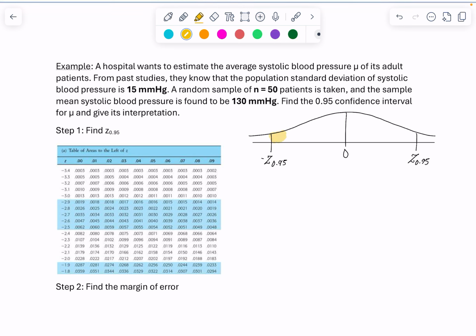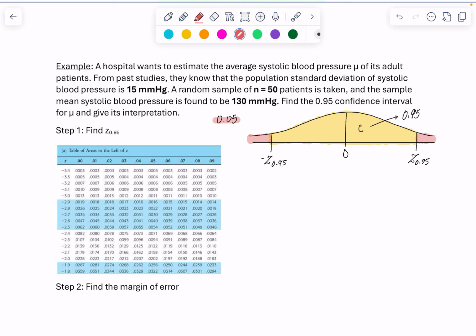The area that I'm highlighting in yellow is our confidence level C, which we know as 0.95. That means that our tails are going to be equivalent to 0.05, because that is the complement of our confidence level.